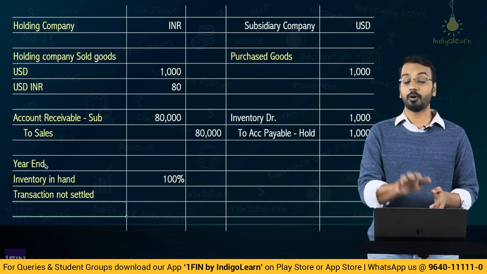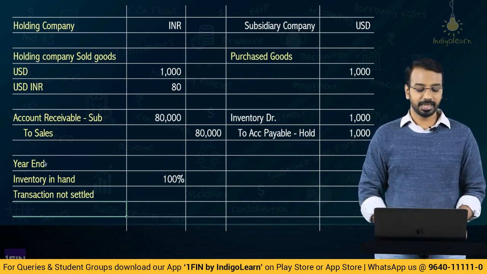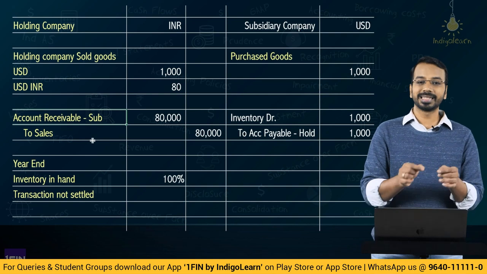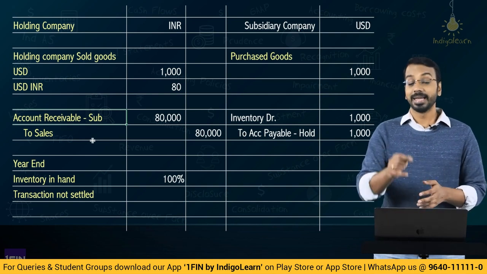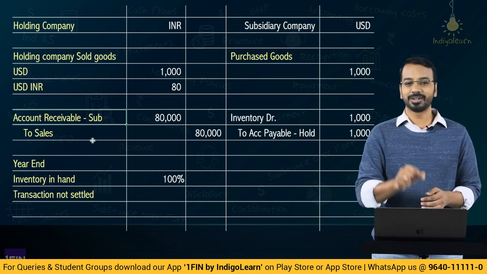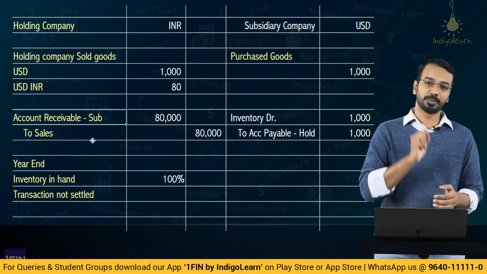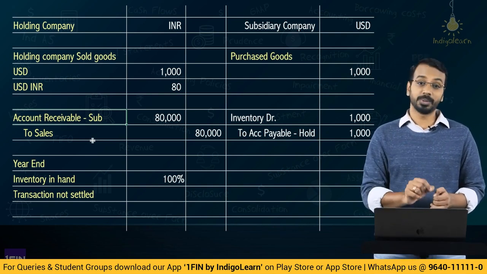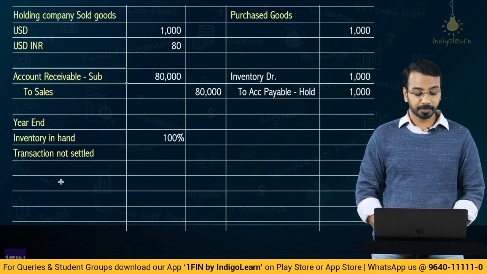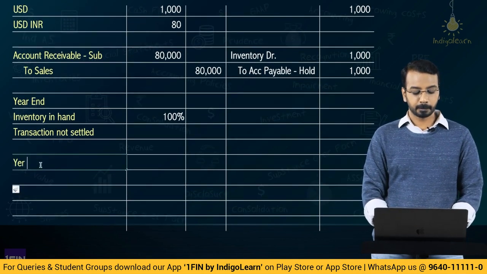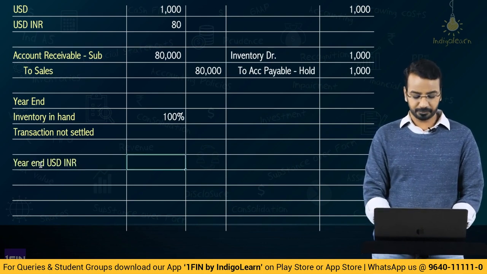Now, in each of the financial statements, in the individual financial statements, you have to do the measurement for monetary items. See, you have account receivable. Account receivable is a monetary item. Now, as far as monetary items are concerned, you have to recompute the balance at the end of the period. Gain or loss is taken to P&L. Assume for a moment, year end, USD INR is say 85.